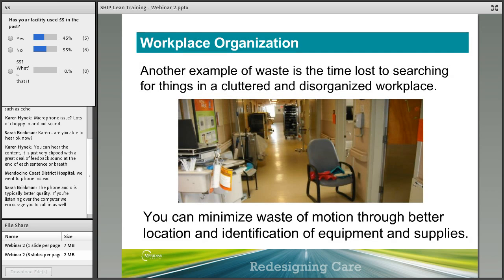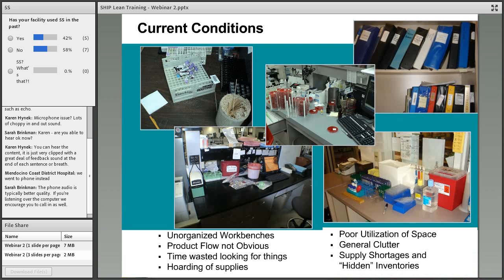I always find with clients that they have this just-in-case mentality of keeping things around even though they may not have used them for the last 10 years. Again, they just want them there in case they would ever need it. So we want to get rid of those things that aren't used in our area.